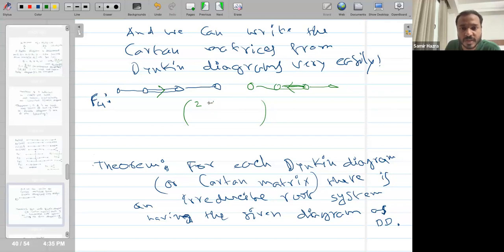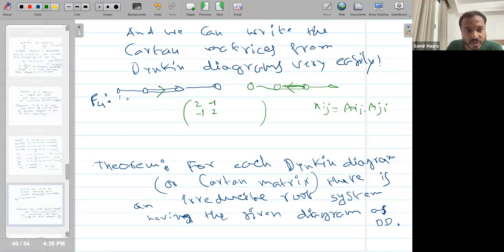So the only possibility is -1, -1, and then 2. Basically, the number of edges Nij, remember, is the product of Aij and Aji. So this is A12, and this is A21. So A12 times A21 must be the number of edges between 1 and 2, right?